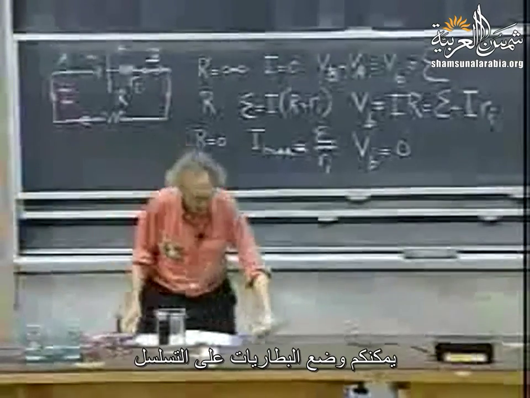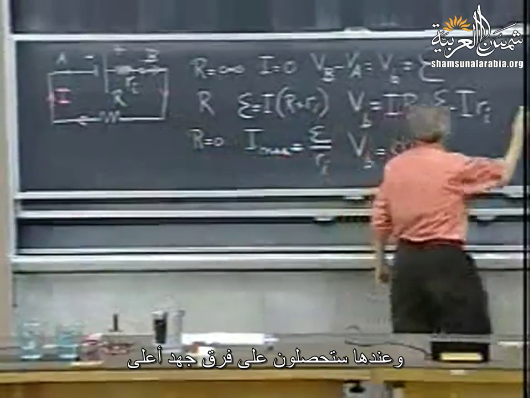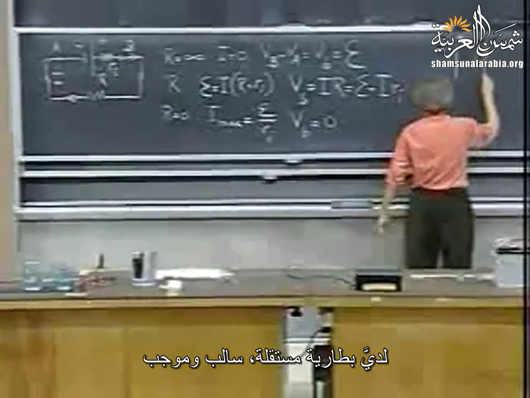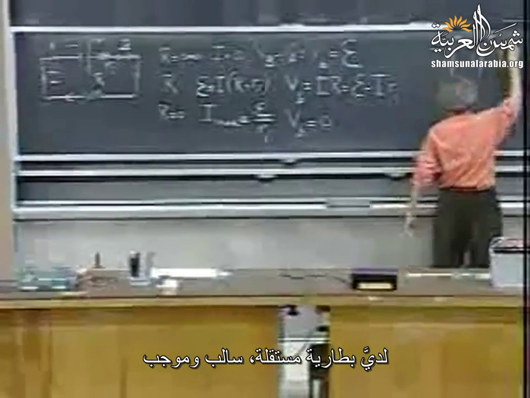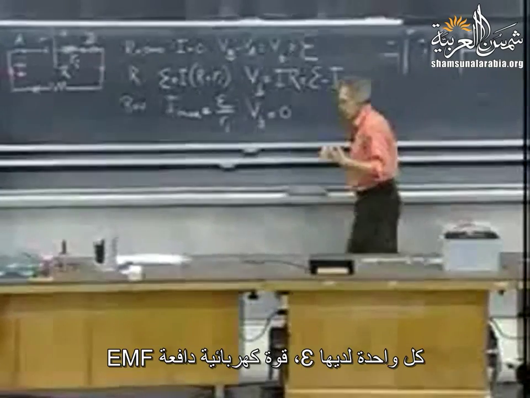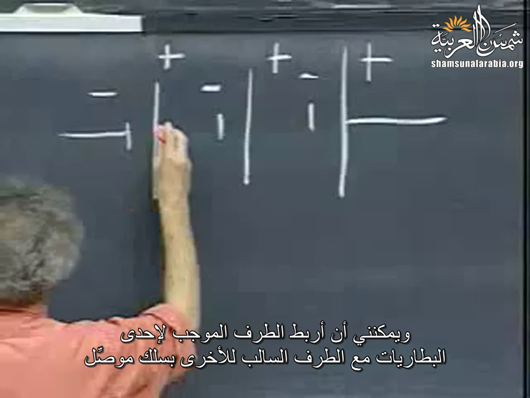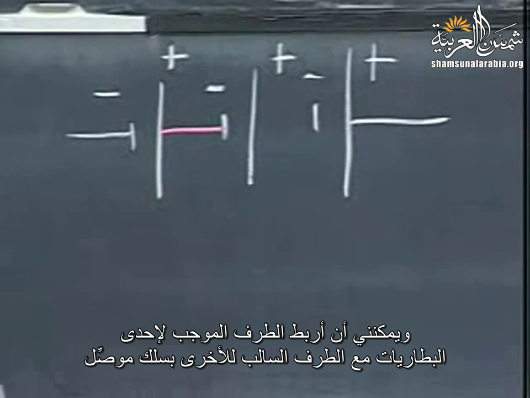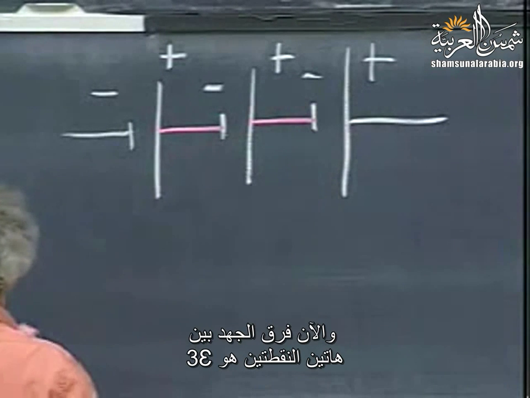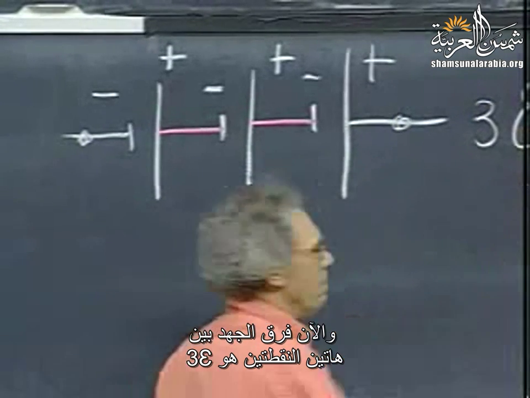You can put batteries in series and thereby getting a higher potential difference. If this is the negative side and this is the positive, I have an independent one, negative, positive, and an independent one, negative, positive, each one with an EMF E, then I can connect the positive side of one with the negative side of the other, just a conducting wire, and the positive side of this with the negative side of the other, and now the potential difference between these 2 points is now 3E.